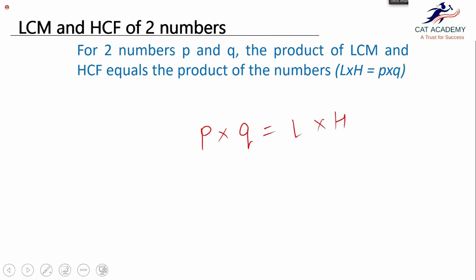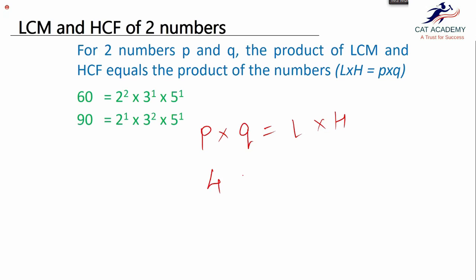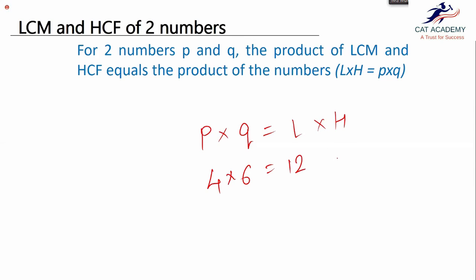Let's take any example for that matter. Say my numbers are 4 and 6. So 4 into 6 is equal to the LCM of 4 and 6, which we know is 12, into the HCF of 4 and 6, which we know is 2. So it is equal, 24 and 24. Right?